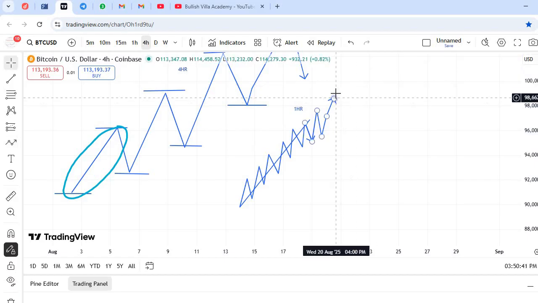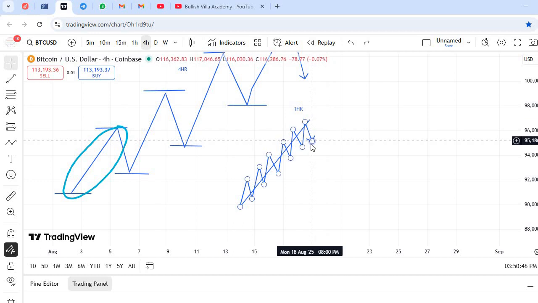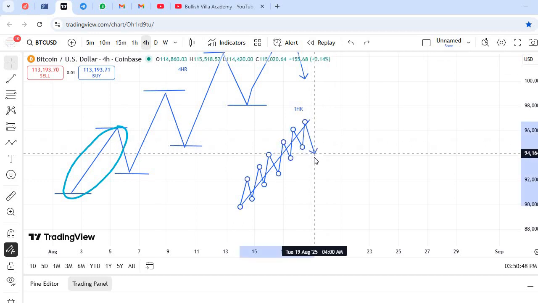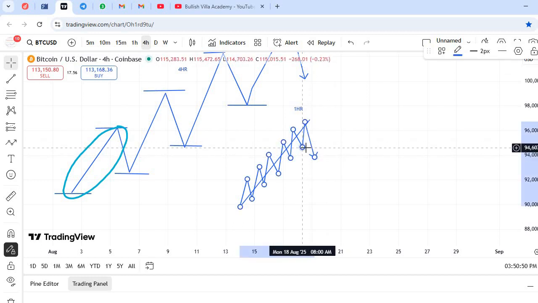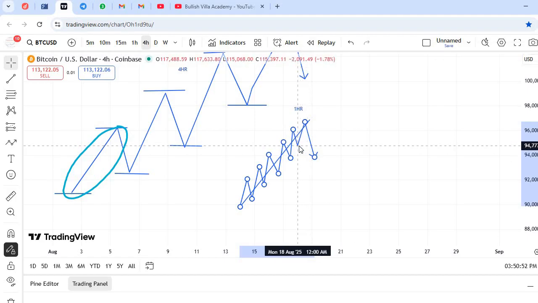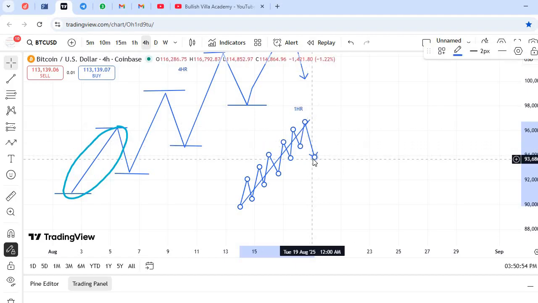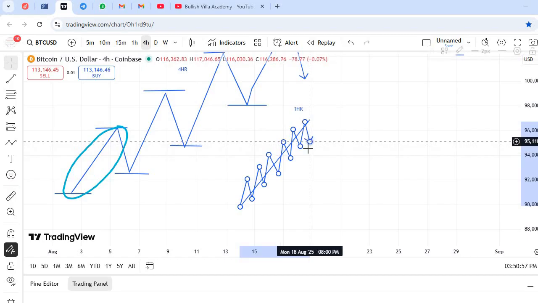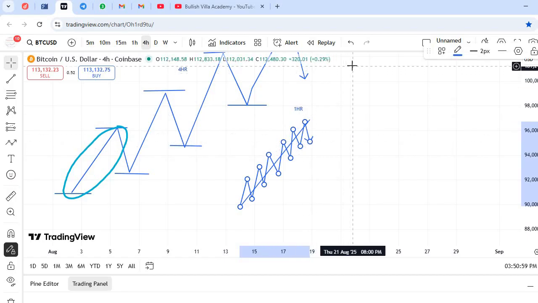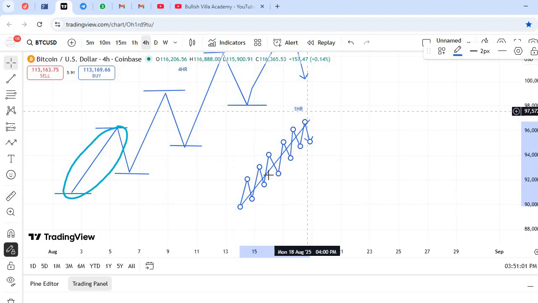Imagine if the price instead came down to take out this last low. Then this low is supposed to be higher than this so that the trend can continue. But this leg is about to end.